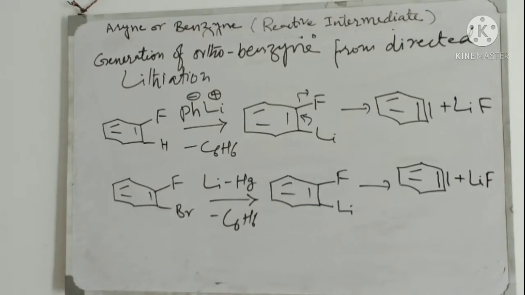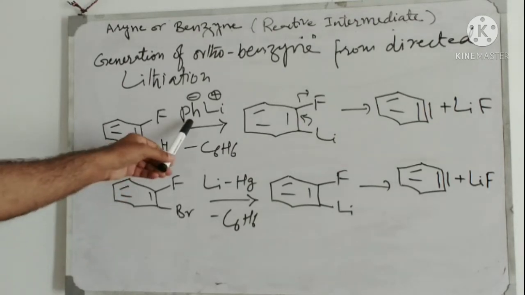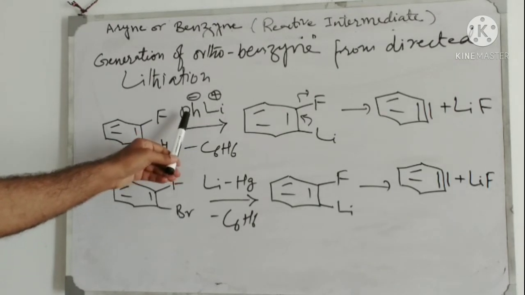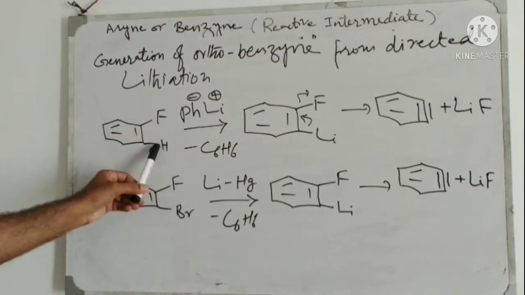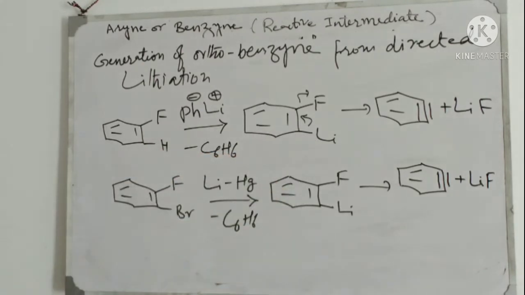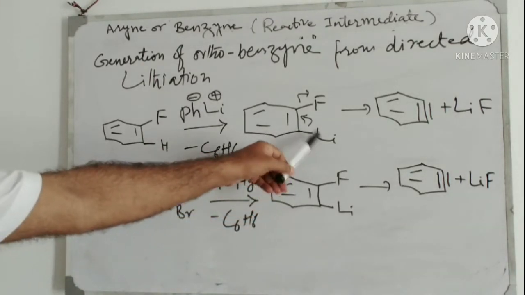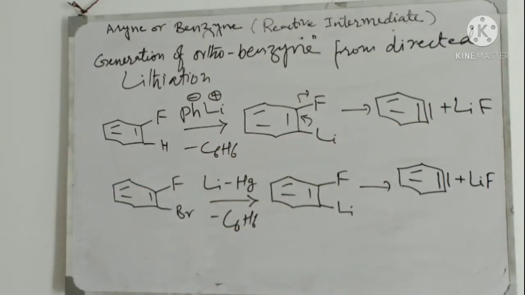So the benzyne intermediate can also be generated from direct lithiation. Here in this example, you can see fluorobenzene, when it is treated with phenyl lithium. Phenyl lithium is a strong organic base. So this phenyl lithium takes this proton and makes the lithiation here. So this is direct lithiation. After that, lithium fluoride is eliminated and generates this benzyne intermediate.